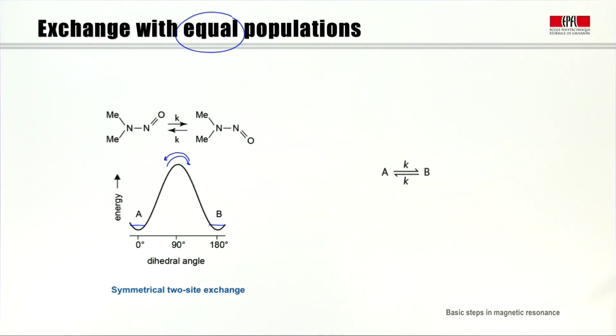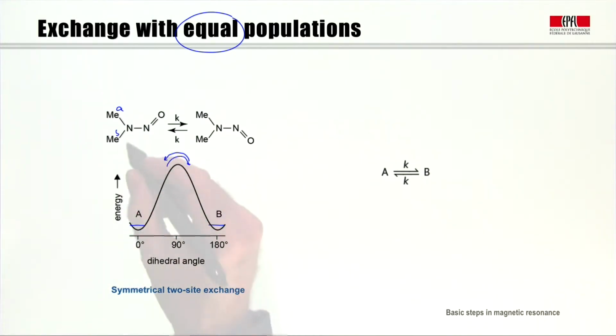Such systems are very numerous, but we have an example here of dimethyl nitrosamine, where we have two distinct groups here: a methyl group here which is on the same side as the oxygen, or cis if you prefer, and another methyl group here which is on the opposite side, or trans, with respect to the oxygen.